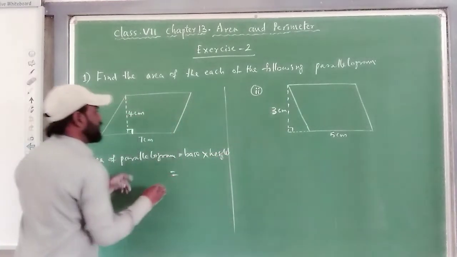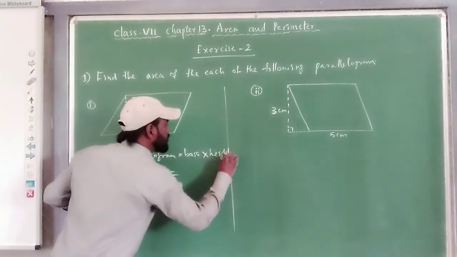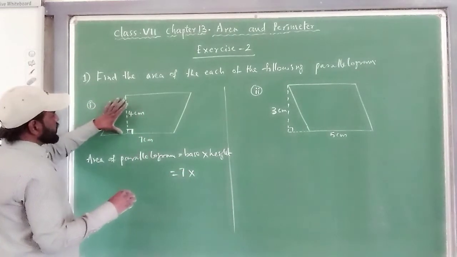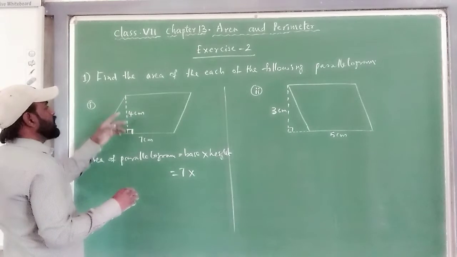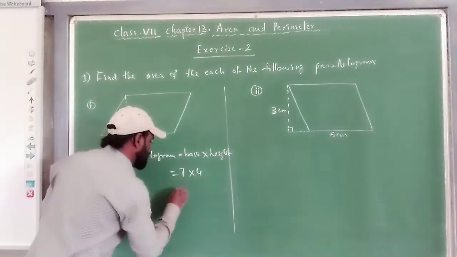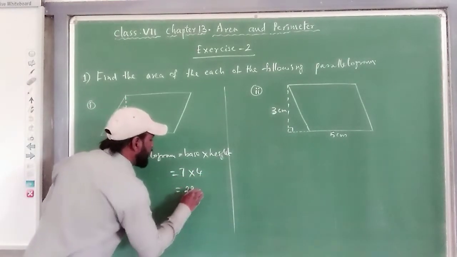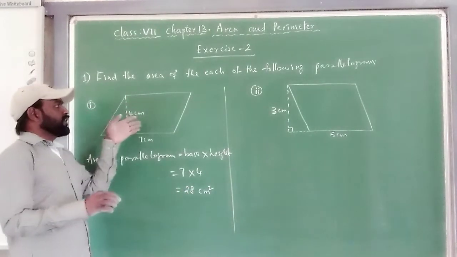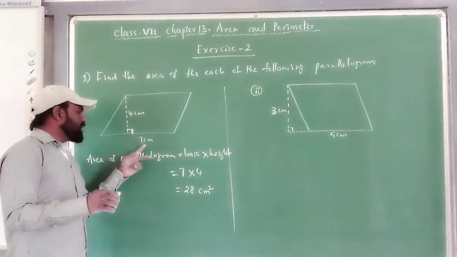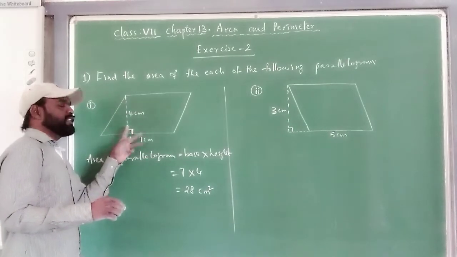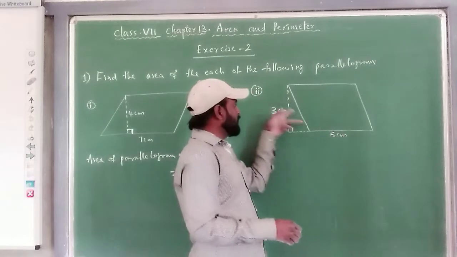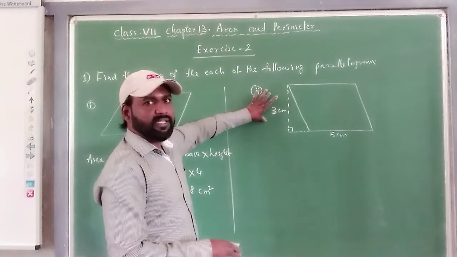The base is given here as 7 centimeters, into the altitude, the perpendicular distance between the parallel sides, which is 4 centimeters. So 7 4s are 28 centimeters square. This is the area of the given parallelogram, whose base is 7 centimeters and height is 4 centimeters.